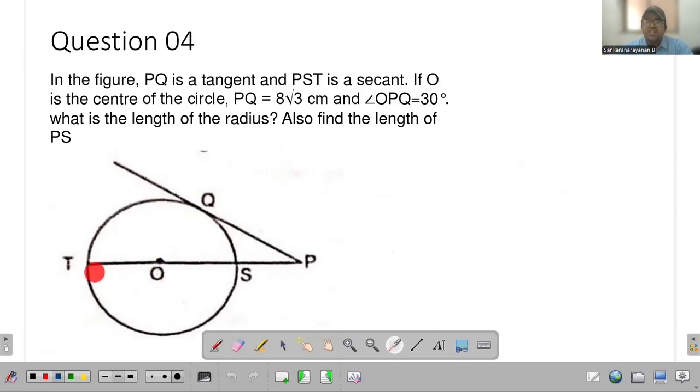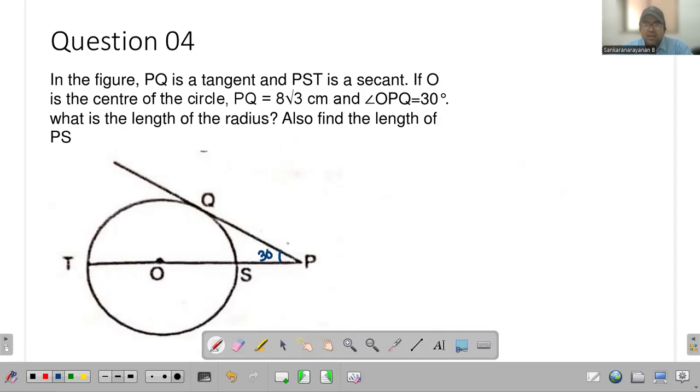SOT will be the diameter of the circle, just for your info. And it is given that PQ is 8 root 3 centimeters. And it is given angle OPQ is 30 degrees.